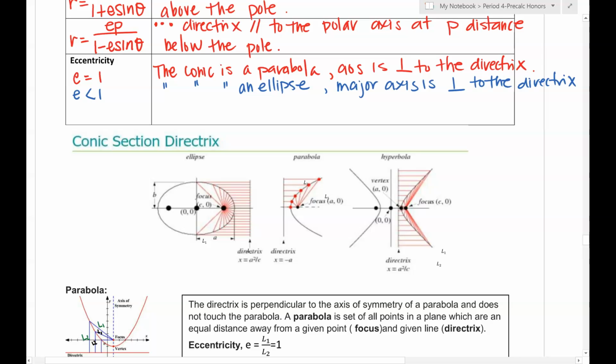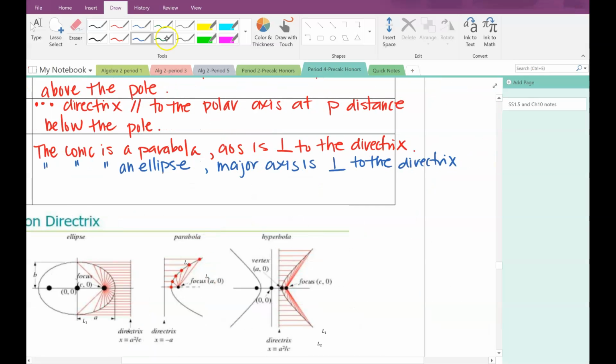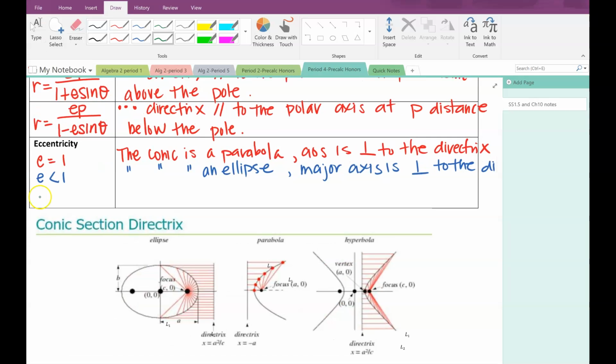Now we really don't study hyperbola, but just for filling it in, this is going to be a hyperbola.